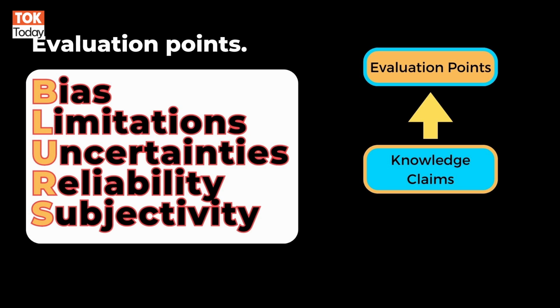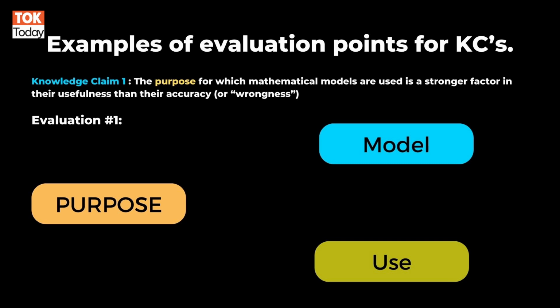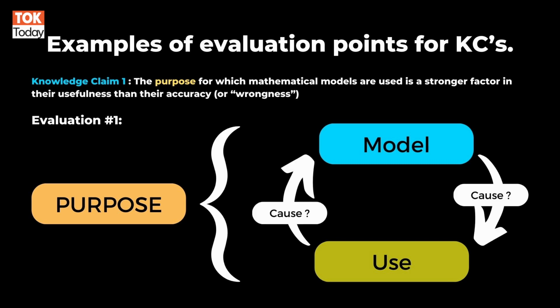Examples of the sorts of evaluation points that I could develop for the claims that I made earlier are as follows. Knowledge claim 1 is that the purpose for which mathematical models are used is a stronger factor in their usefulness than their accuracy or wrongness. Now, any knowledge claim that looks at the purpose or use of the model can be evaluated in terms of the relationship between the production of the model and its use.